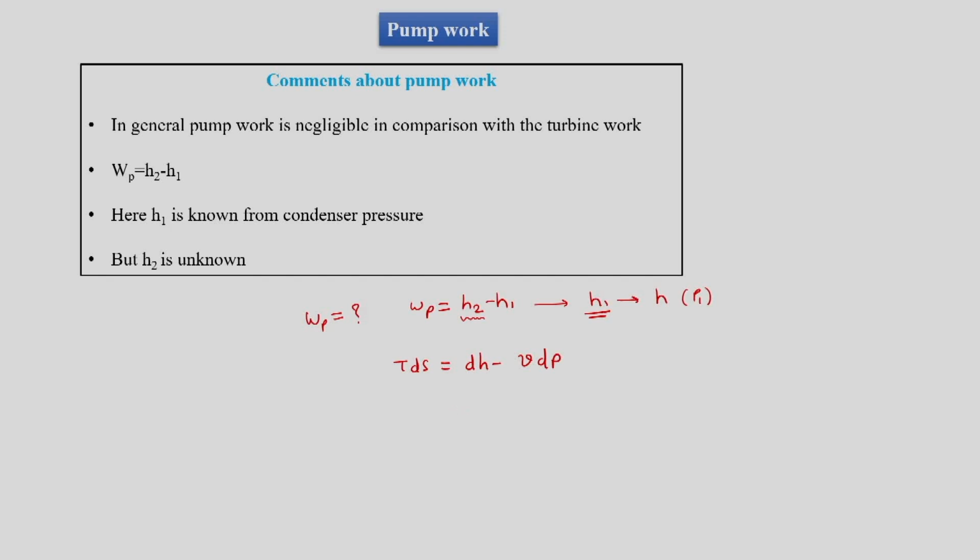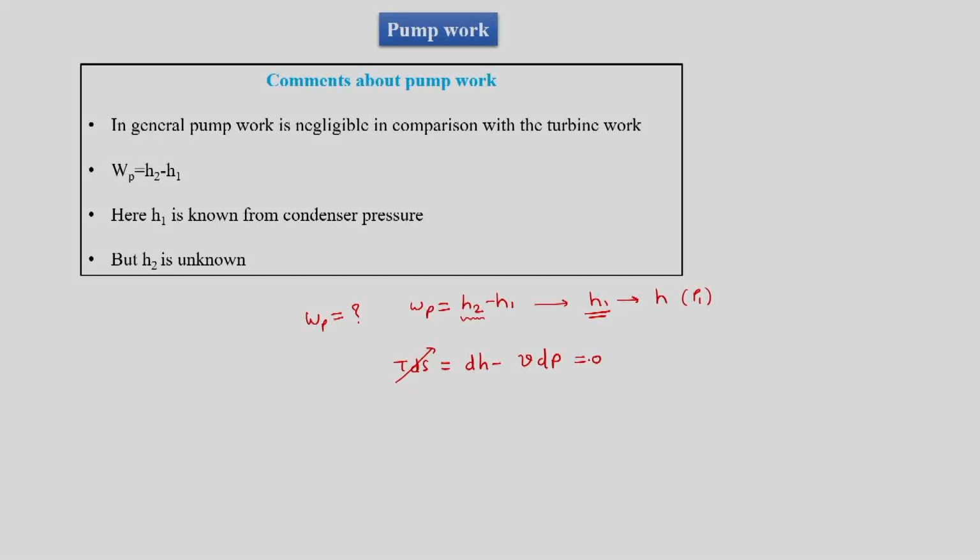In the pump, we have an isentropic process, so this is equal to 0. So dh is equal to v dP, and if we integrate it from process 1 to 2, this becomes h2 minus h1 is equal to the integral from 1 to 2 of v dP.